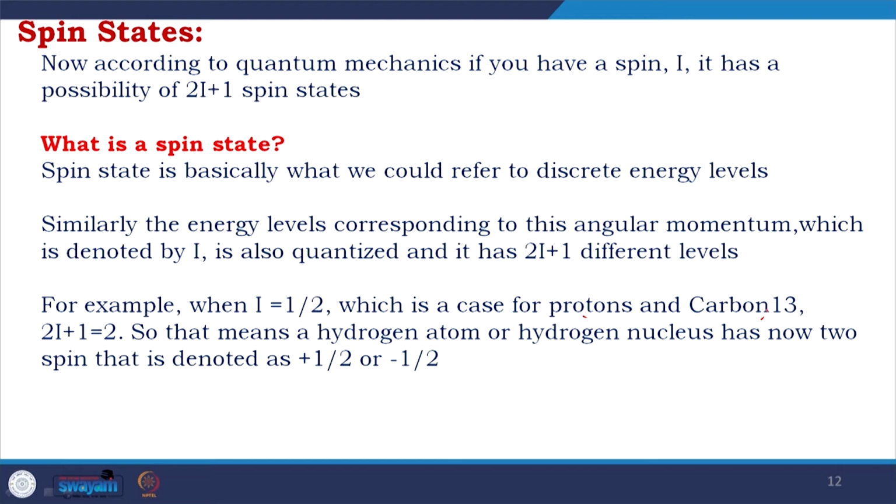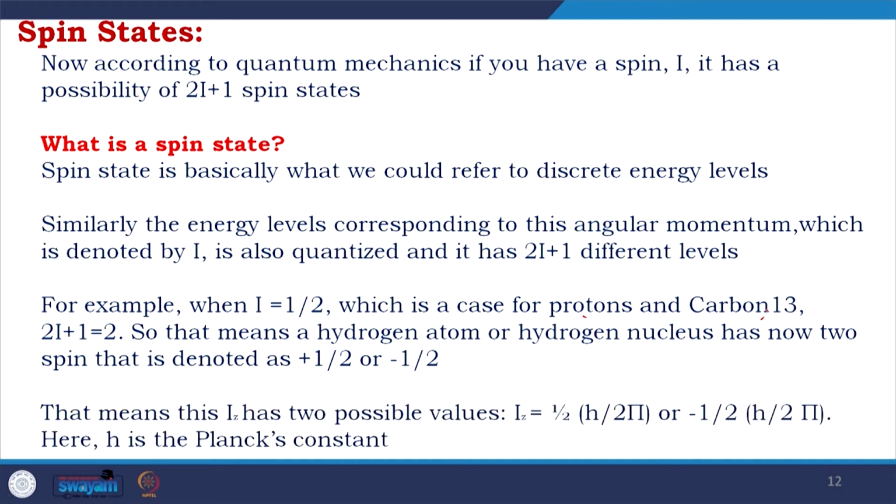That means the hydrogen nucleus now has two spin states, denoted as plus half and minus half. That means this Iz has two possible values, Iz equal to half h by 2 pi or minus half h by 2 pi, where h is Planck's constant.